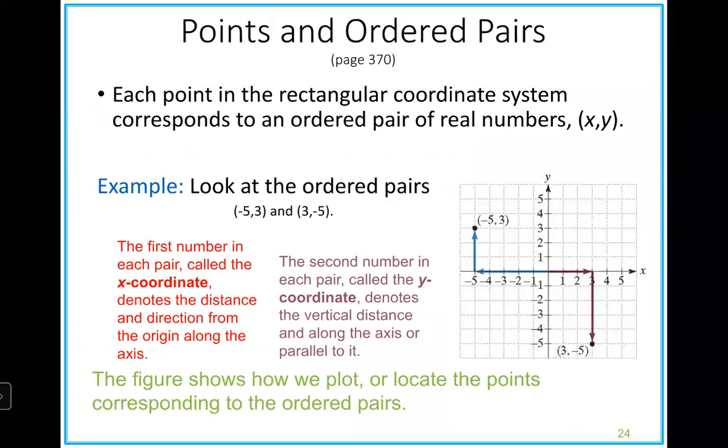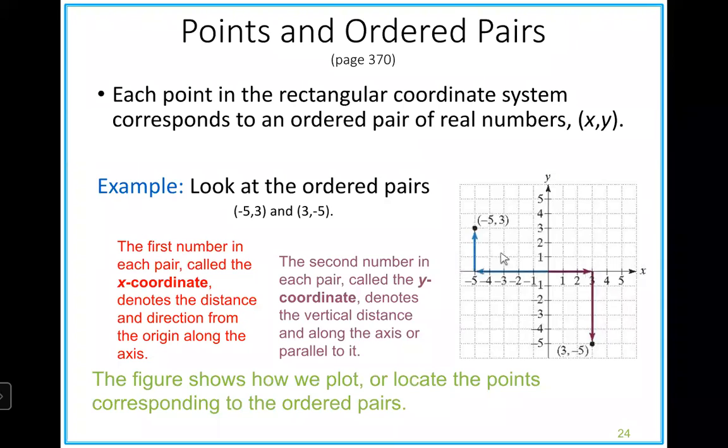Okay. So in order to ensure that we all follow the same method, we have a universal conventional process for plotting points on the graph. We have what we call ordered pairs, and each point in the rectangular coordinate system corresponds with an ordered pair in the order X, Y. X would be your X-axis, Y would be your Y-axis.